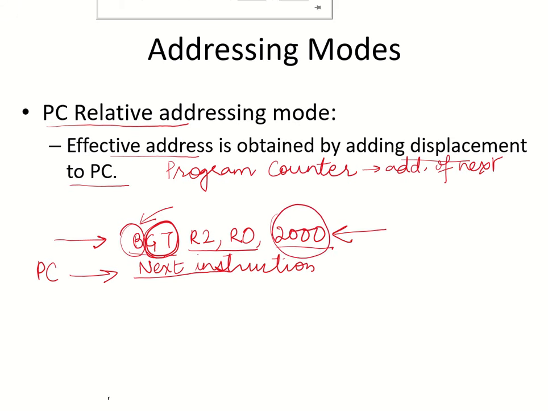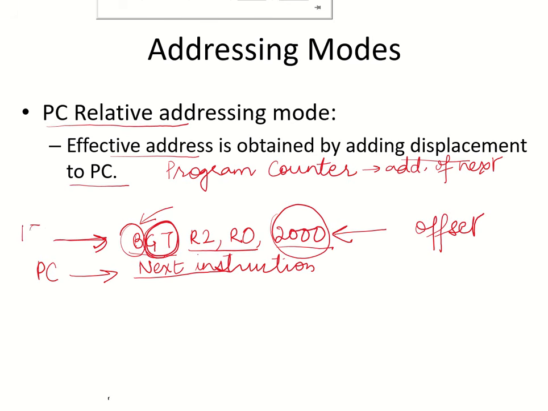To specify the memory address, the number of bits that could be required could be large. Instead of specifying the memory address, I can specify some offset or displacement with respect to this instruction.